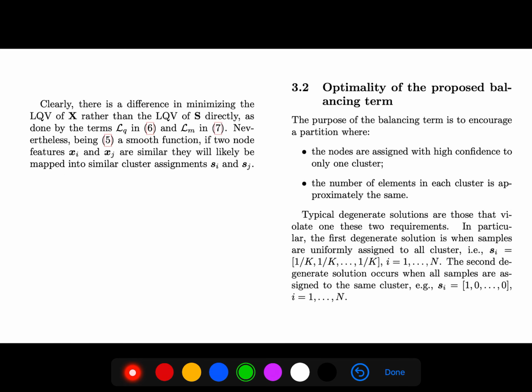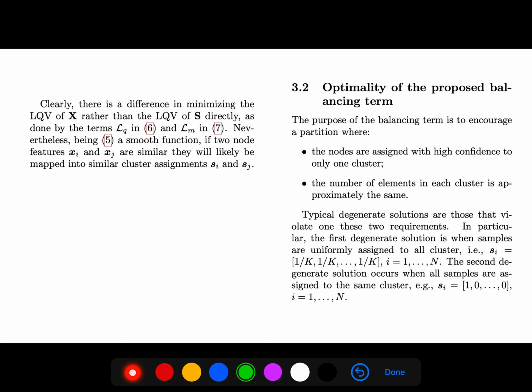Clearly, there is a difference in minimizing the LQV of the features rather than the LQV of S. Nevertheless, phi being a smooth function, if two node features are similar, they will likely be mapped into similar assignments.